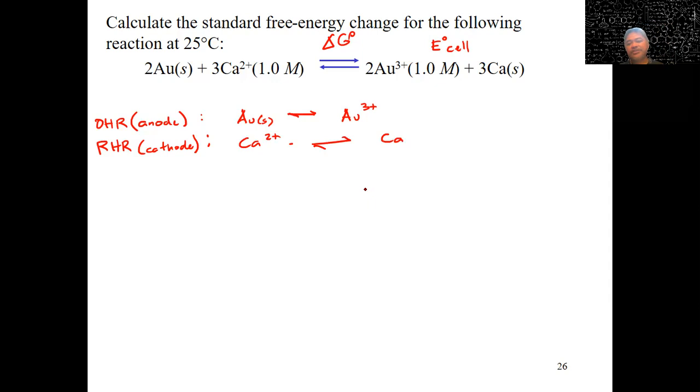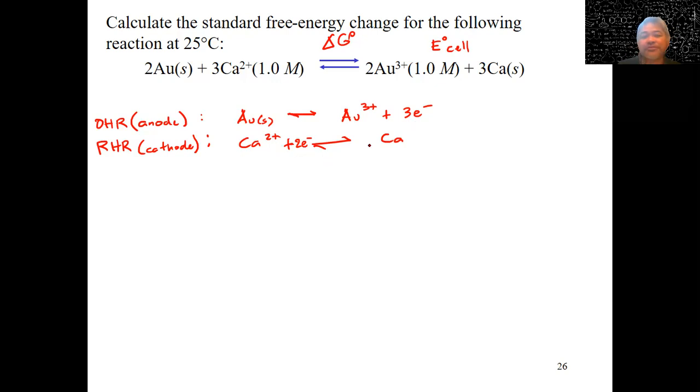Now, you still need to add here how many electrons, because that will be your value of N. So here you could say that's a 3 plus, so you can expect there are 3 electrons here. Now, this is a 2 plus, meaning there are two electrons here. But if you look at this, is the exchange of electrons the same? The answer is no. One is 3, the other one is 2.